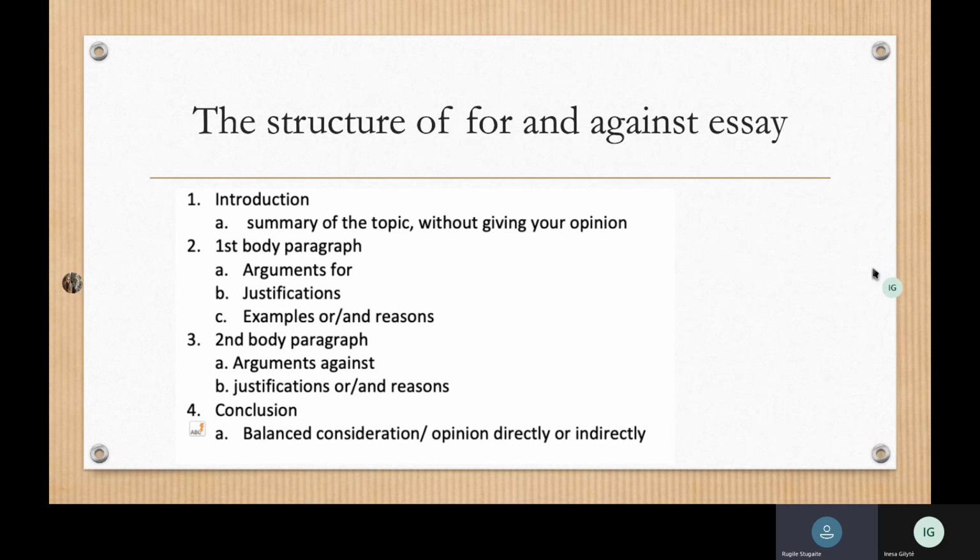In the second body paragraph, you have to provide arguments against and also justifications and reasons. And in the conclusion, you have to balance consideration and give your opinion on the topic directly or indirectly.